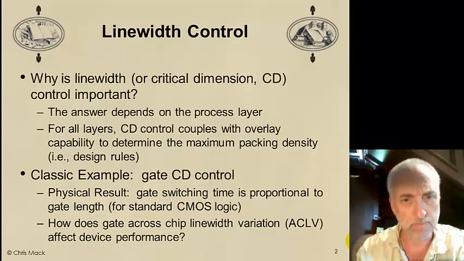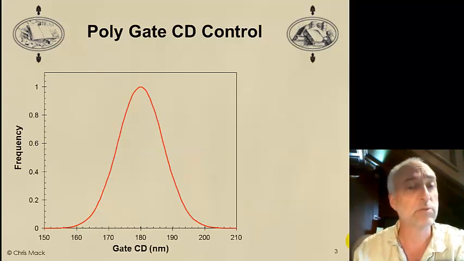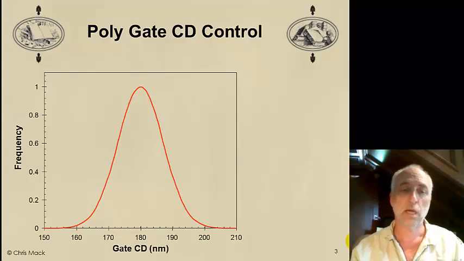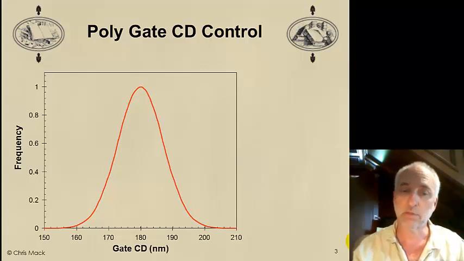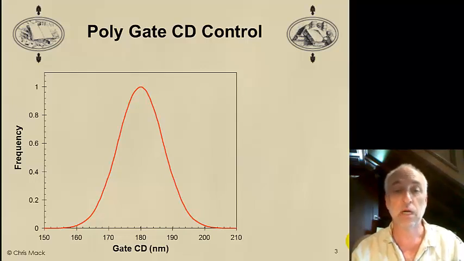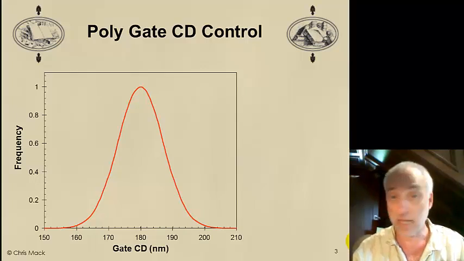Let's take a look. Here is a frequency distribution of gate CDs that one might find on a wafer or across, let's say, one chip. Of course, there might be thousands, millions, or billions, more typically today, of these gates and gate dimensions that we have to worry about.